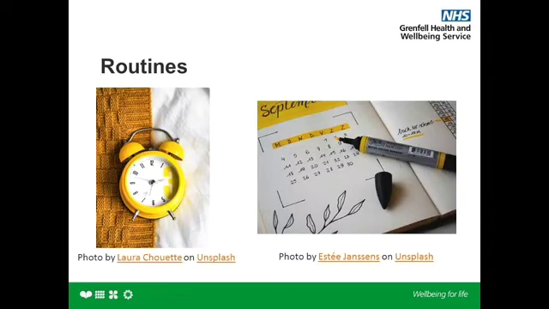So the second tip is to ensure that your child has routine. We know that generally children and young people with autism find it difficult when they're out of routine, and having a set routine and structure really helps to reduce some of those anxieties, as it helps them predict what might happen next.